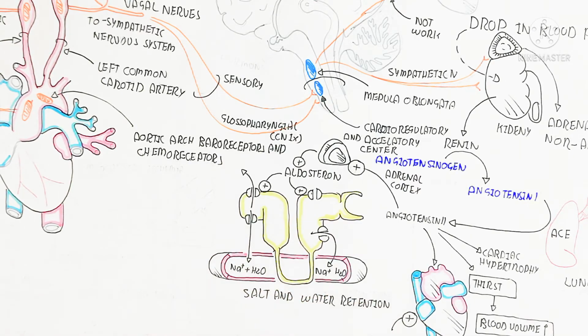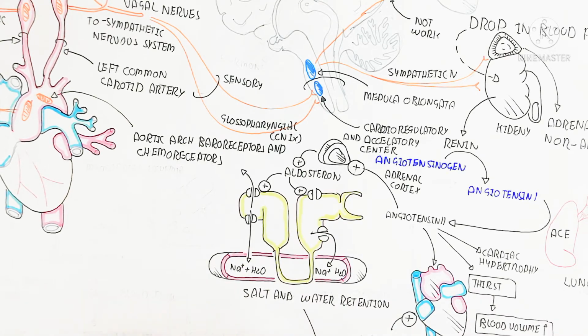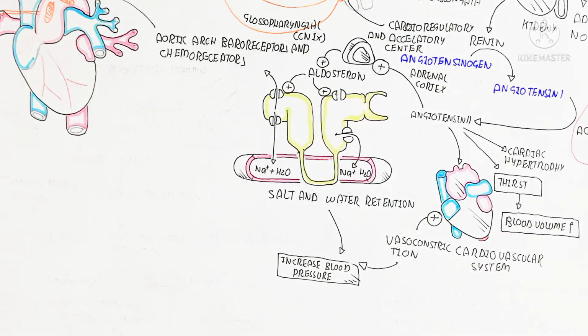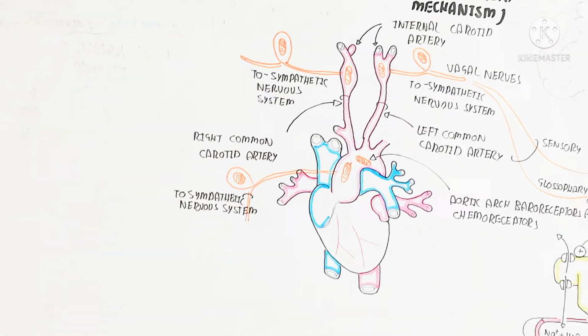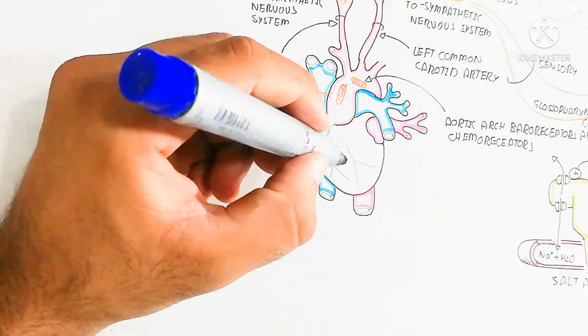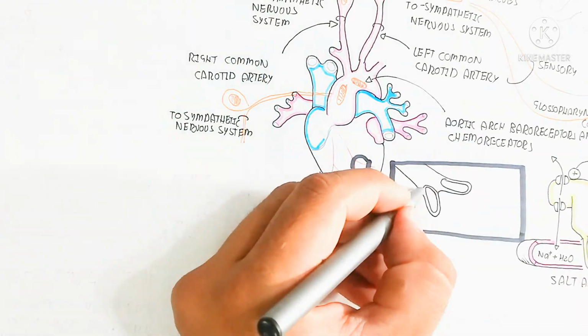Salt and water retention increase the blood volume, and increased blood volume increases the blood pressure. This is known as the renin-angiotensin-aldosterone system.